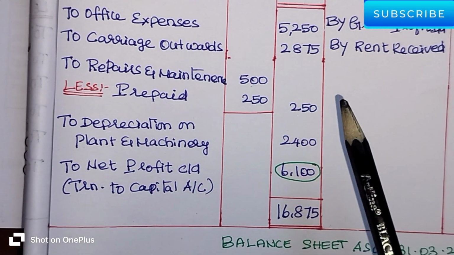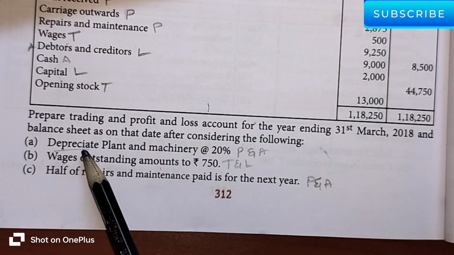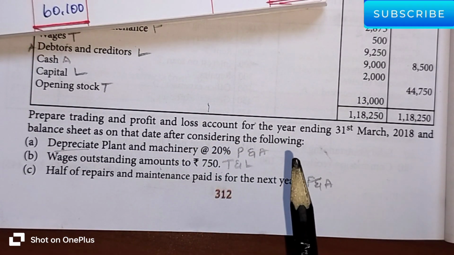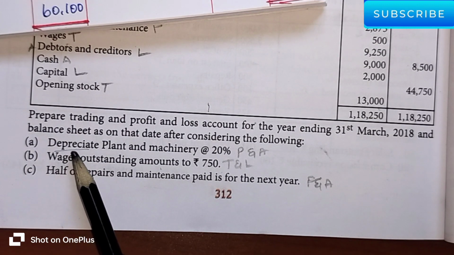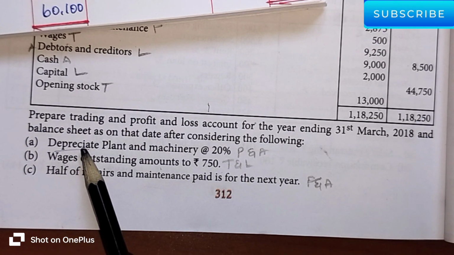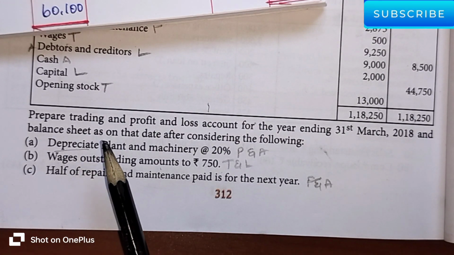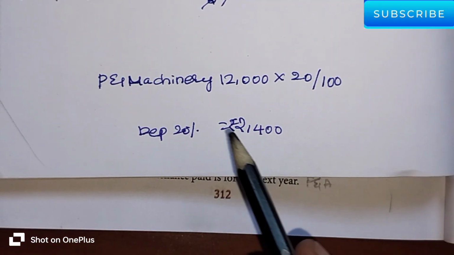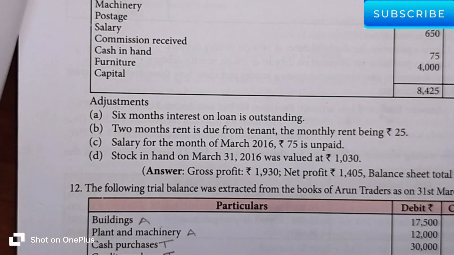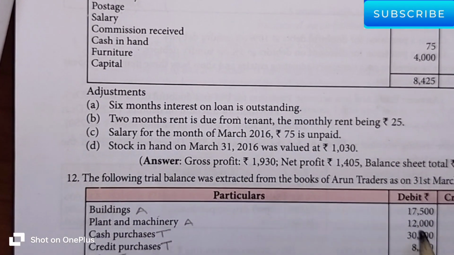Okay, then depreciation. Listen, depreciation on plant and machinery at 20%. Depreciation is a loss for the company, so all the losses go on the debit side of the profit and loss account. How much rupees do we have in plant and machinery? Plant and machinery we have 12,000 rupees.